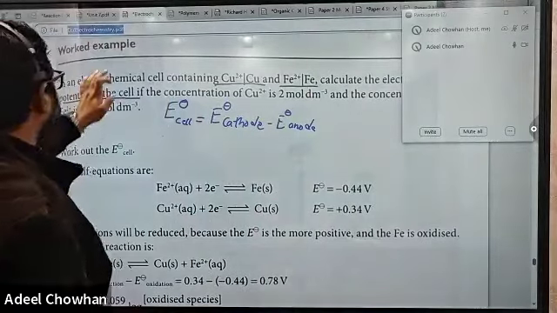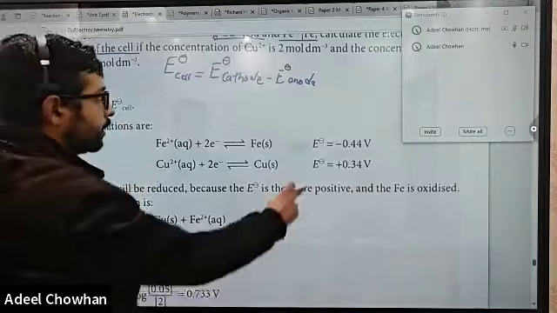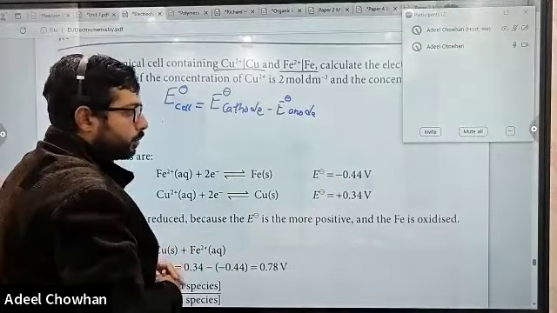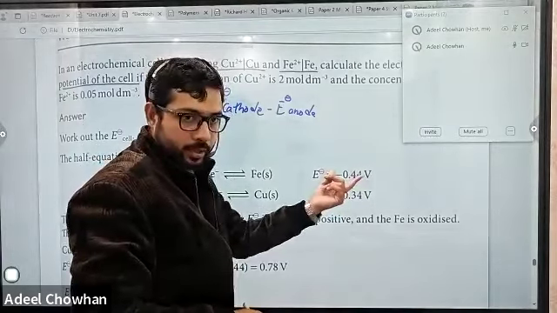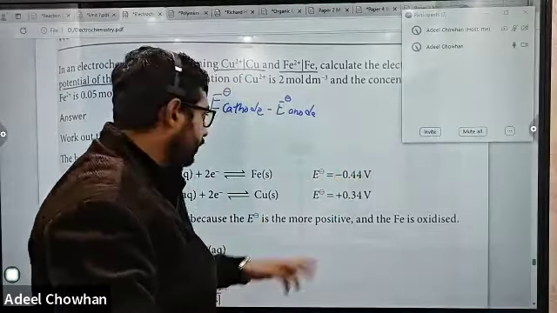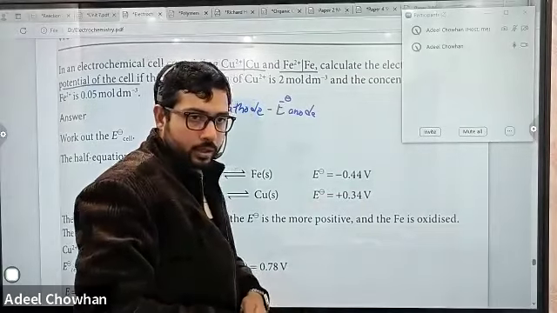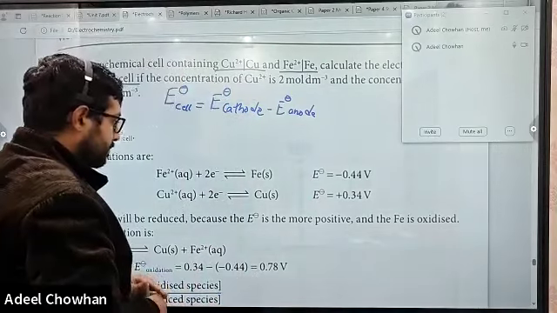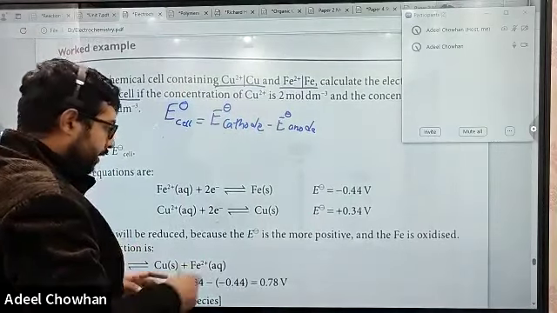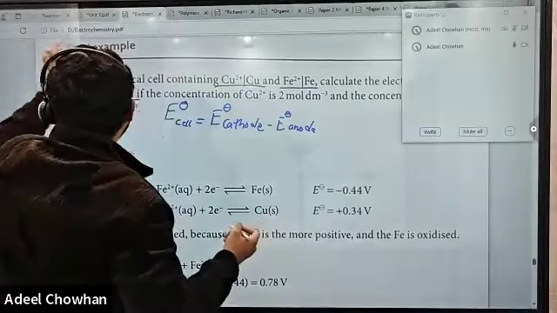It was somewhere here. Anyways, leave it. The electrode potential value is given as minus 0.44 volt. The same value is taken from the data section. And for the copper, it's plus 0.34. Now, which of these becomes the cathode? Exactly. It will be the cathode, and this one becomes the anode.